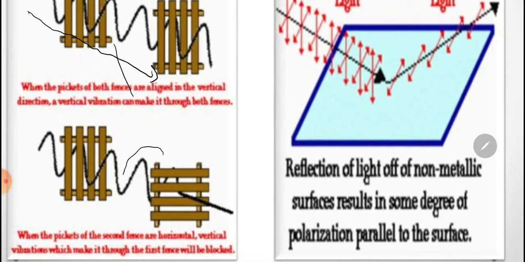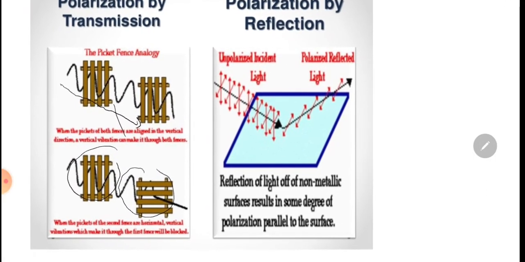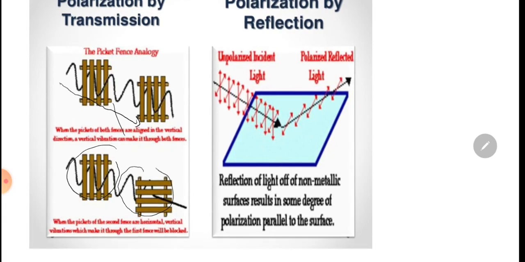Here the light ray will be blocked. Here it will pass and here it will be blocked. Here unpolarized light strikes the surface and it is polarized in some particular plane. Polarization applies from a non-metallic surface.